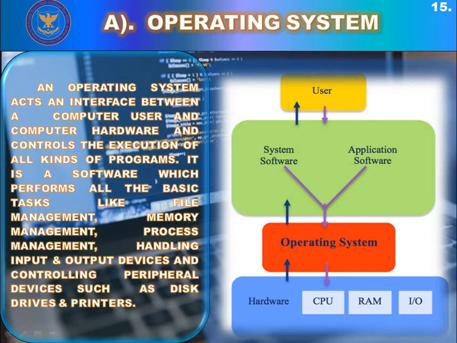Common examples of operating systems used nowadays are all the versions of the Windows operating system. Some of you must be using Windows 7, some of you Windows 10. Most people are using Windows 7 nowadays, and some of you must be aware of Windows XP.